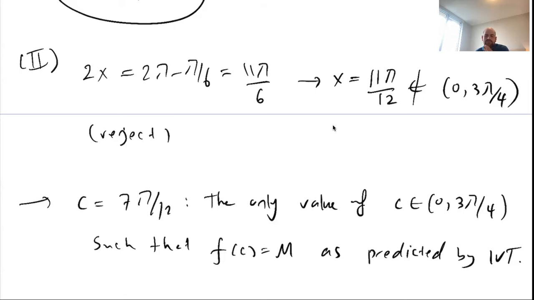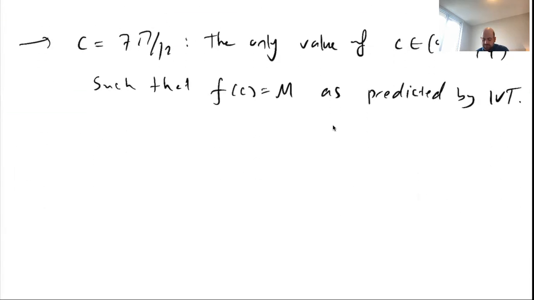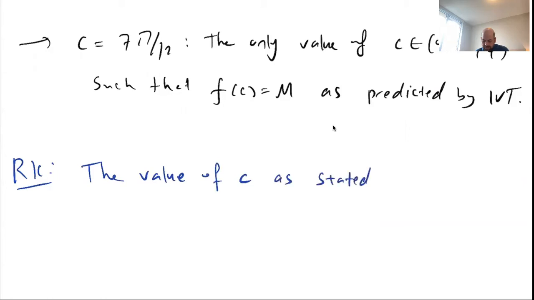But you know, the value of c does not have to be unique. There could be more than one c value. So let me give a remark here. Remark: the value of c as stated in the intermediate value theorem does not have to be unique.